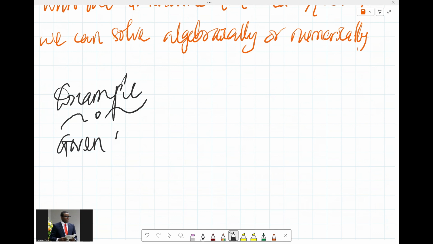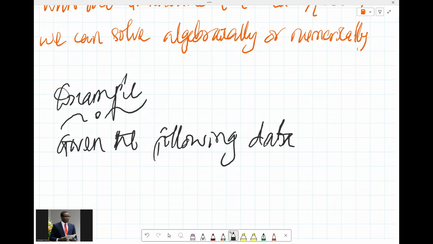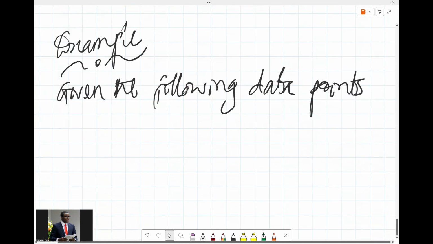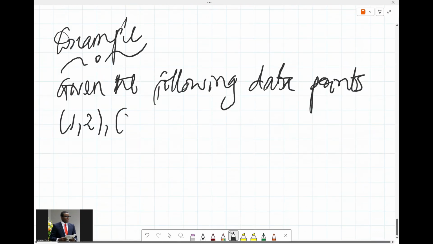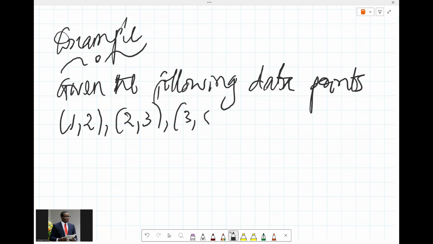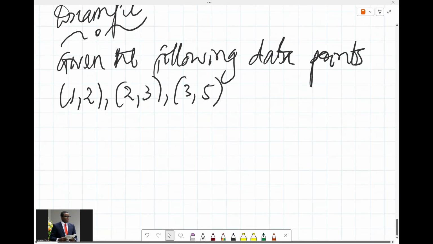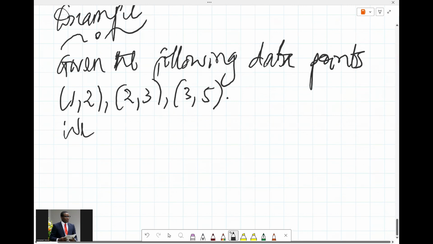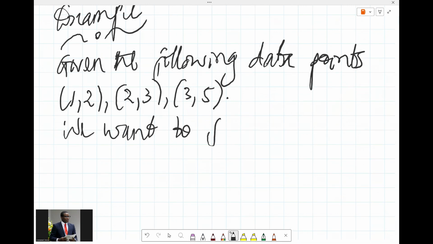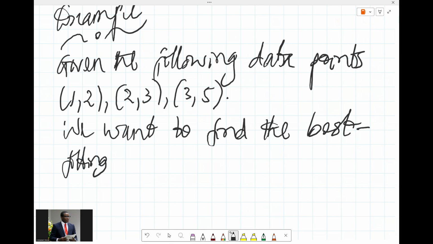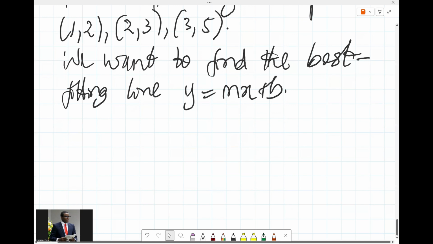Given the following data points, that's (1, 2), (2, 3), and (3, 5), we want to find the best fitting line, y equals mx plus b. Of course we go step by step again.